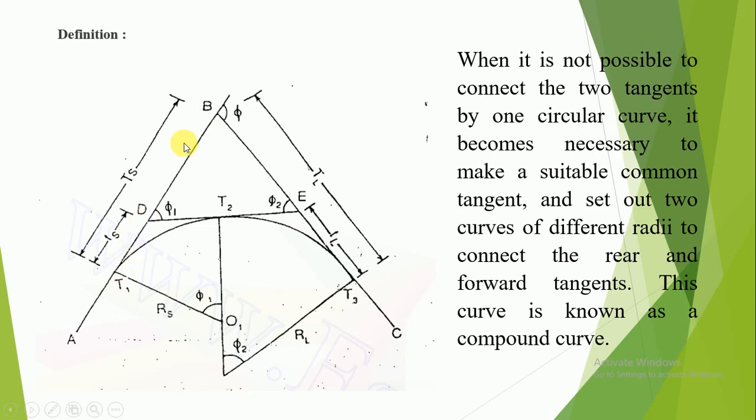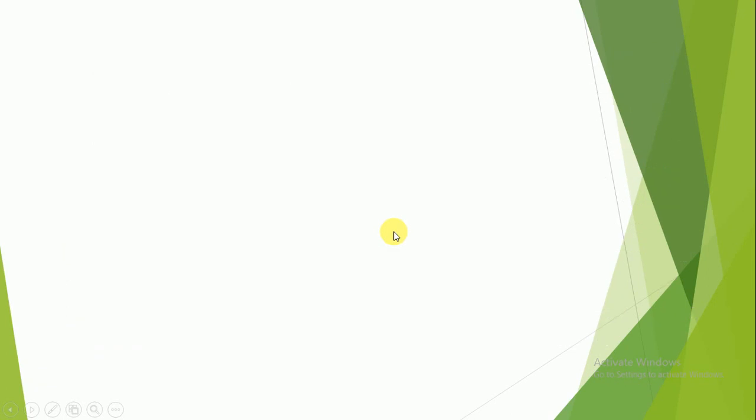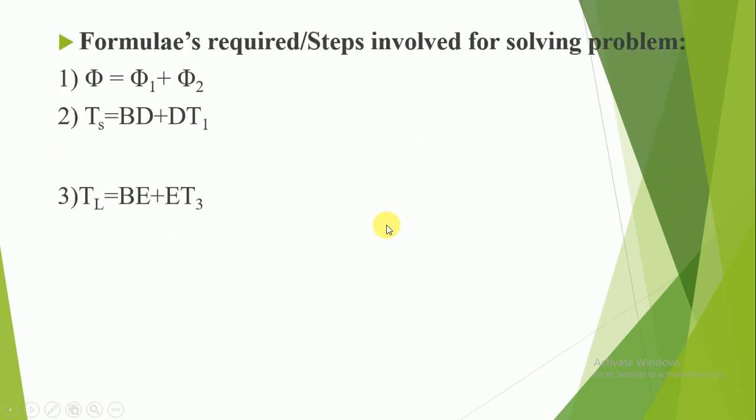Similarly, the distance BT3, that is the tangent length of the longer curve, is the summation of BE and ET3, that I have written here.